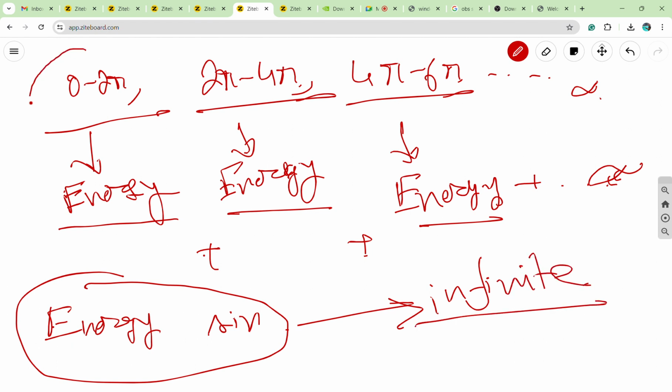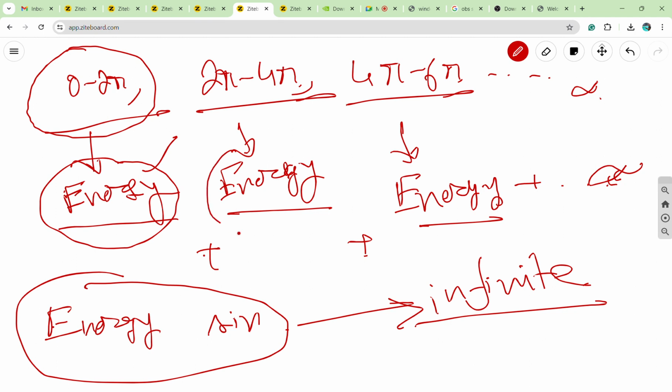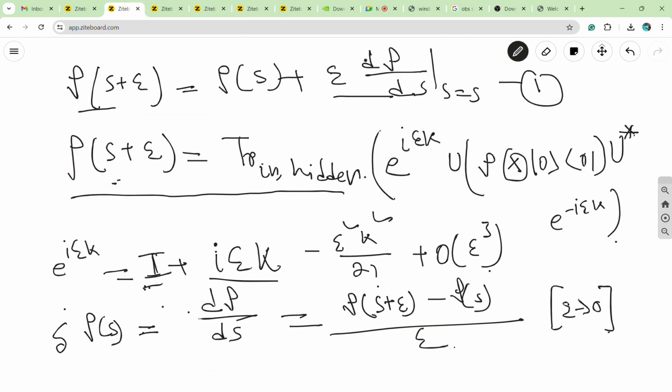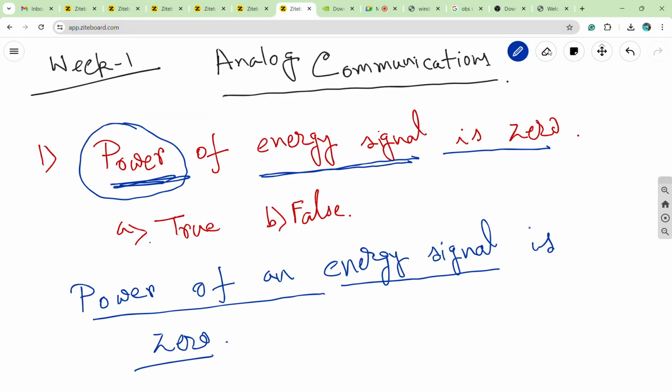But if I ask what is the energy within a particular interval, 0 to 2 pi, that is the energy that is periodically repeated. The same energy within 0 to 2 pi, from 2 pi to 4 pi, from 4 pi to 6 pi, and to infinite. It is finite. So what is power actually?